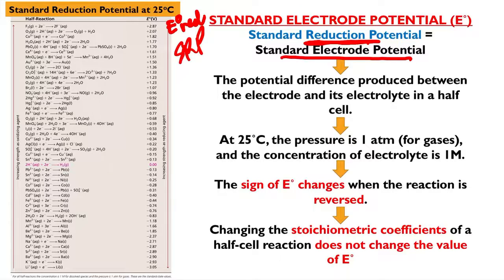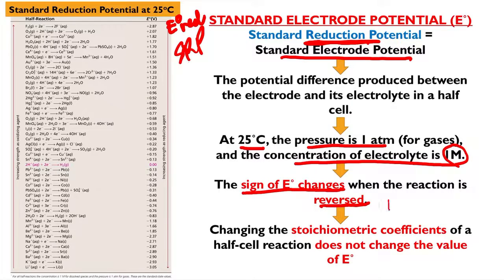Okay, so standard electrode potential or SRP is the potential difference produced between electrode and its electrolyte in the half cell. Because it is standard, it is done at 25 degrees Celsius when the pressure is 1 atm for gases and the concentration of your electrolyte is 1 molar. Okay, so the sign of E0 changes when your reaction is reversed.